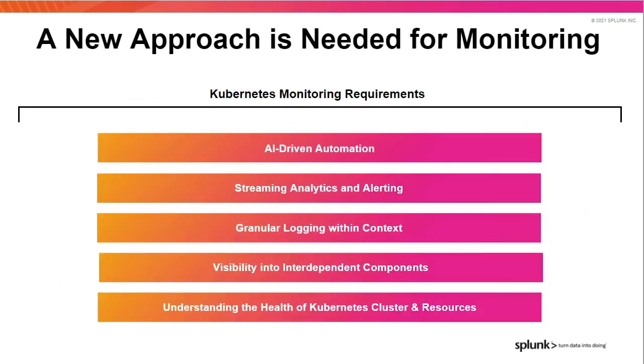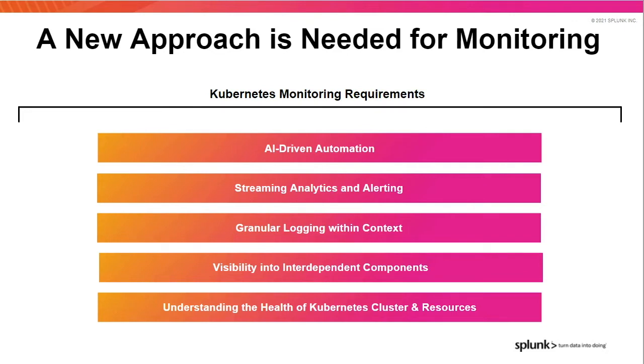So a new approach is needed to monitor Kubernetes-based applications. First, we need an understanding of the health of the entire Kubernetes cluster and the interdependencies of the different components that make up the cluster: nodes, containers, workloads, and Kubernetes components. Then we need granular logging within context.